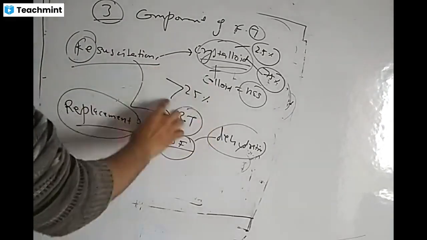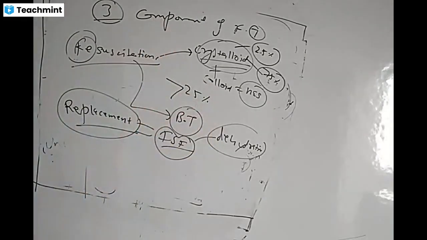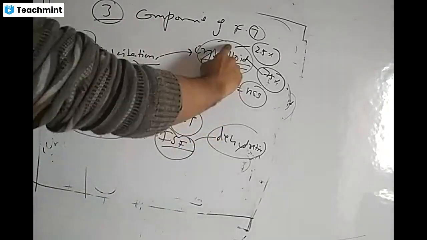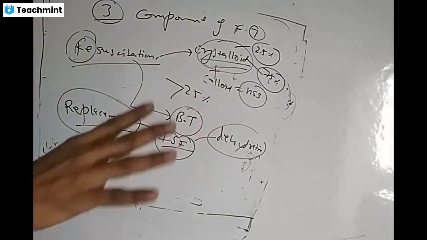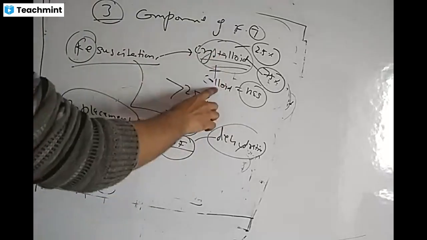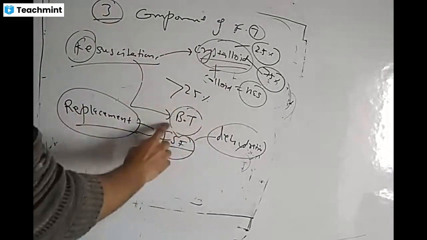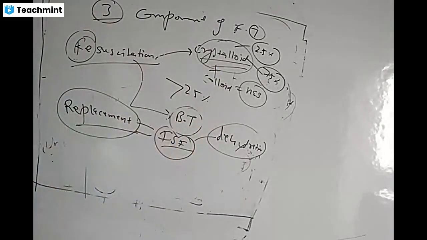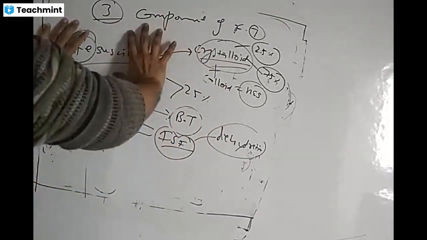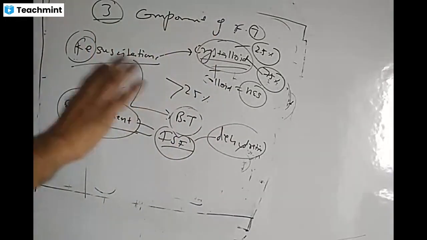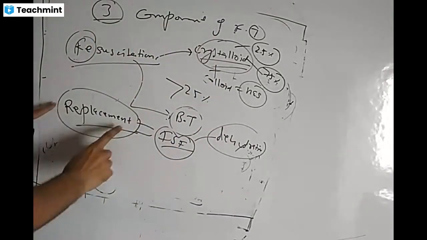If the loss is more than 25%, it means both therapies, crystalloid and colloid, have failed and are of no use. You go for the blood transfusion. Then after the vascular compartment is restored, come to the replacement.